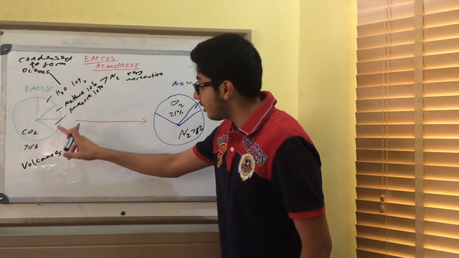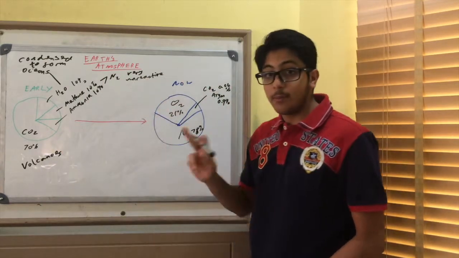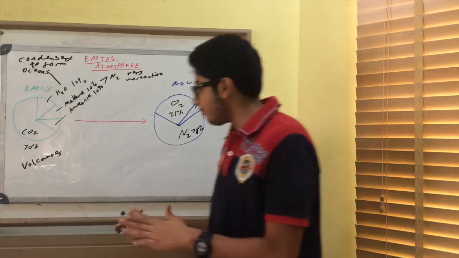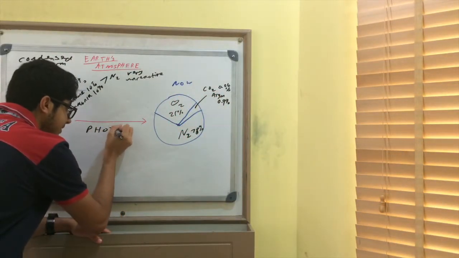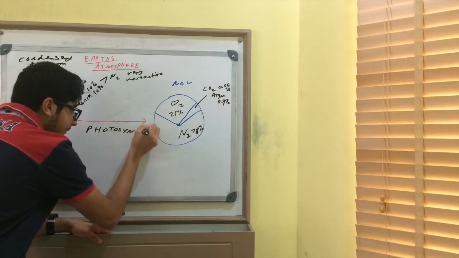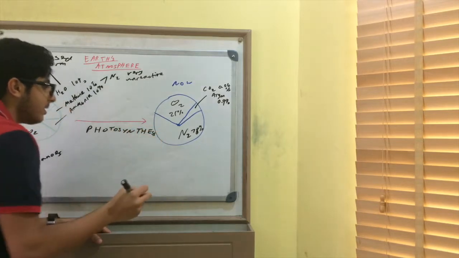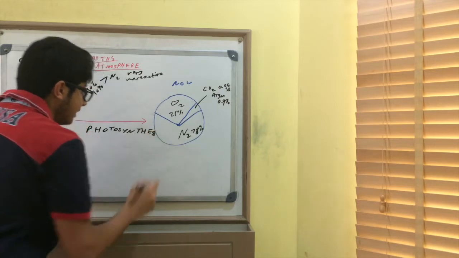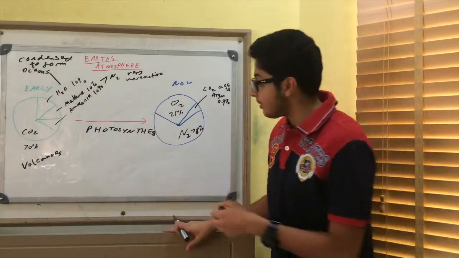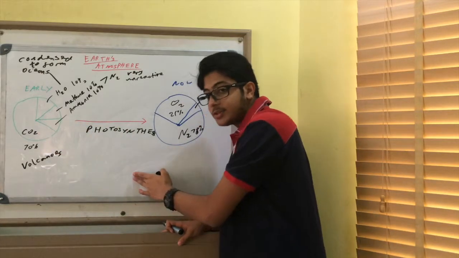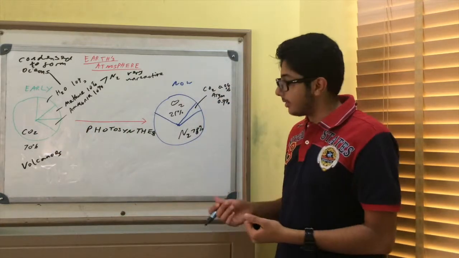Now, how do we get rid of the carbon dioxide? That's the thing that the exam board loves to ask you about. Okay, the main thing is photosynthesis. Photosynthesis is a process taken by plants, where they take in carbon dioxide and give out oxygen.